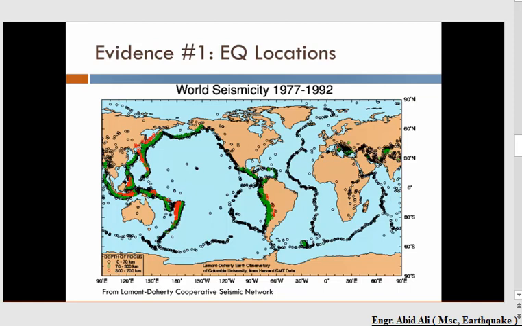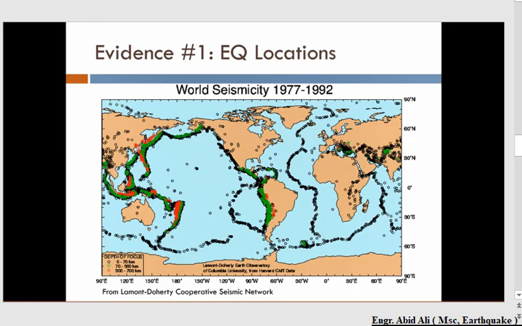And these evidences include the recorded location of earthquakes, fossils, recorded magnetic seafloor mapping, hotspots, and geodetic mapping. So these are the evidences that began to rear themselves in the 1960s.